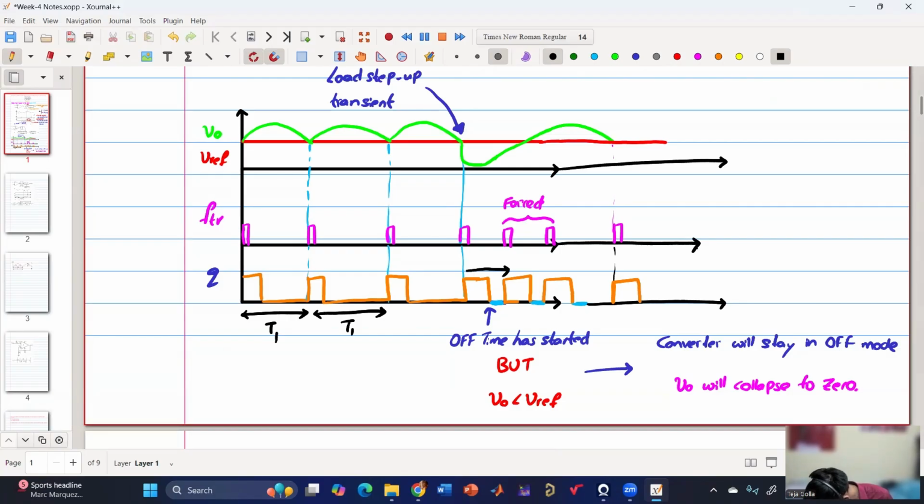Here this is the switching time period T2. Now what is the relation between T2 and T1? T2 is smaller than T1, right? Agree? Because here the off time is minimum off time. Is that clear?